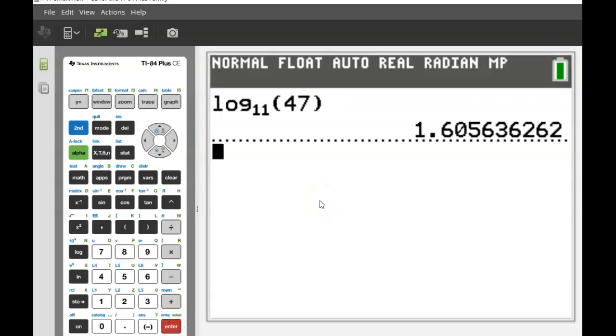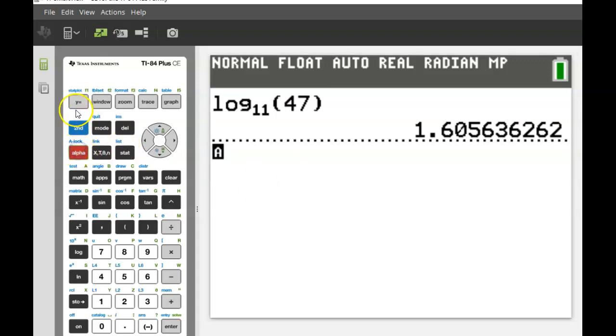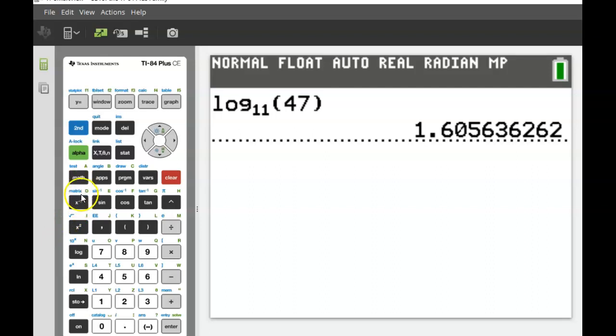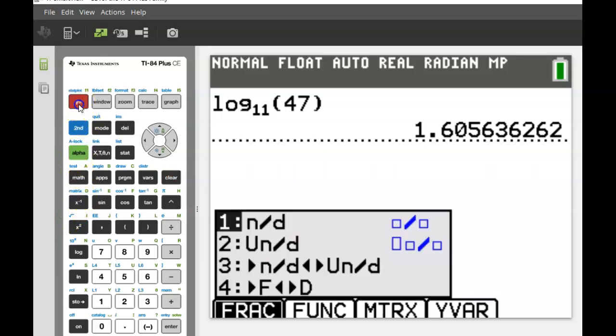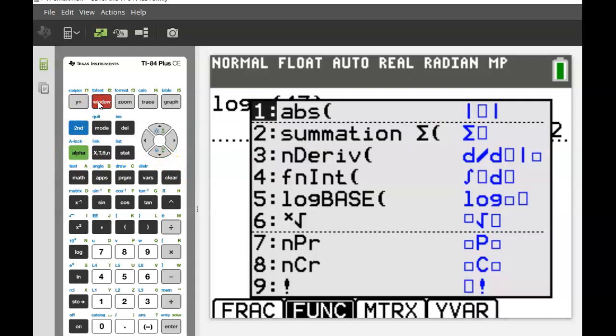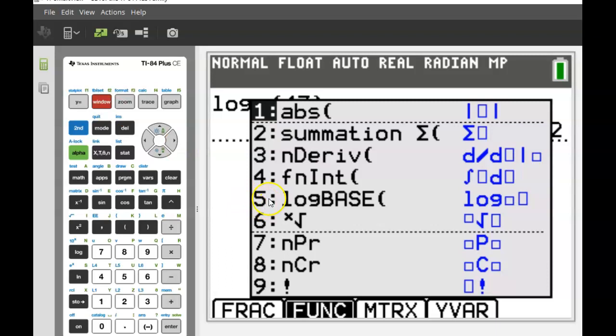Okay. Now, there is a shortcut. I don't remember where it is. It's alpha. Is it alpha 1? Alpha y equals? Yeah. Alpha window. Oh, there it is, number 5.